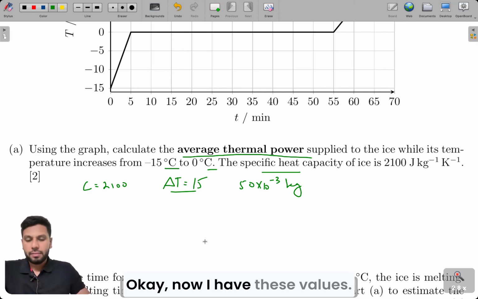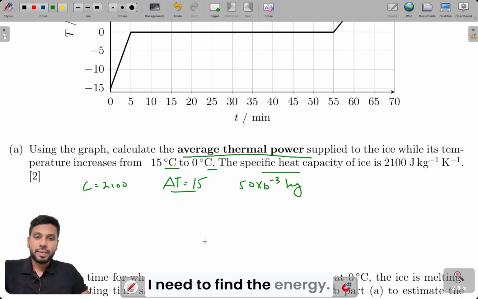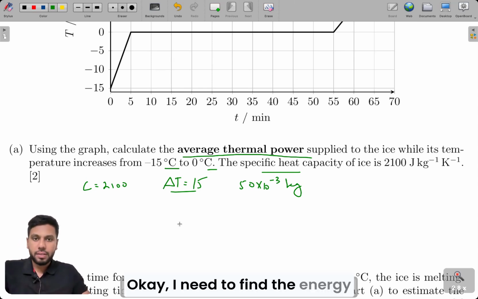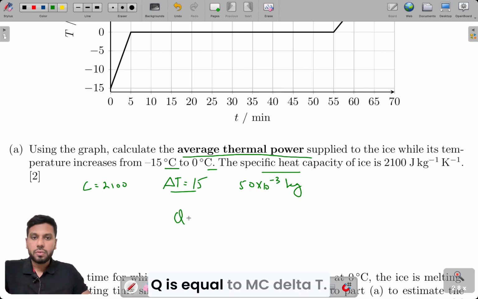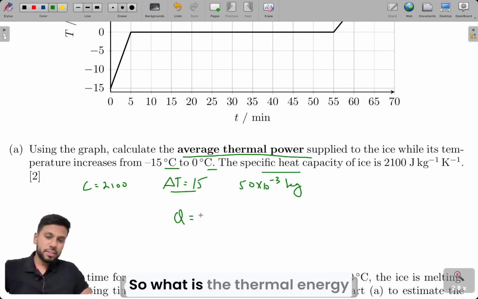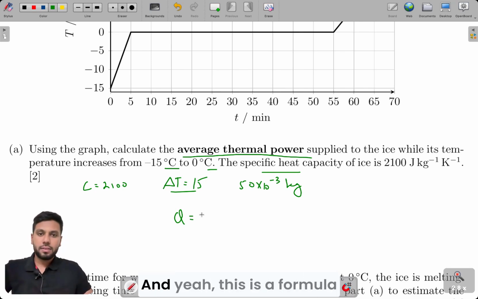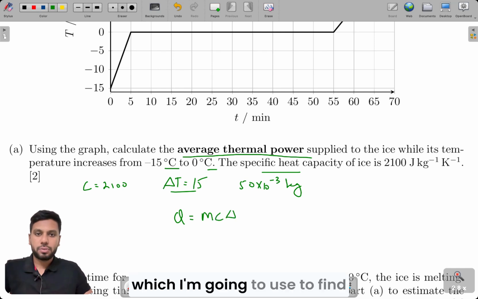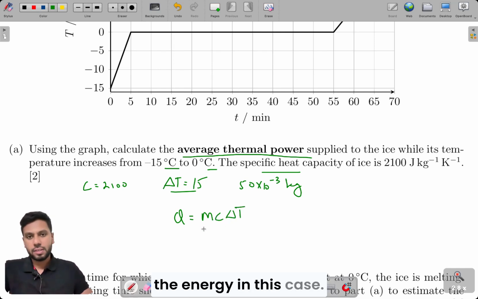Now I have these values. I need to find the energy. Q is equal to m c delta T. So what is the thermal energy required for this? This is the formula which I'm going to use to find the energy in this case.